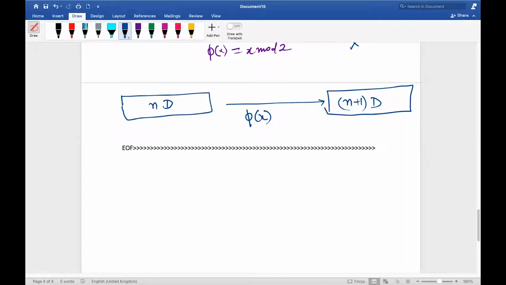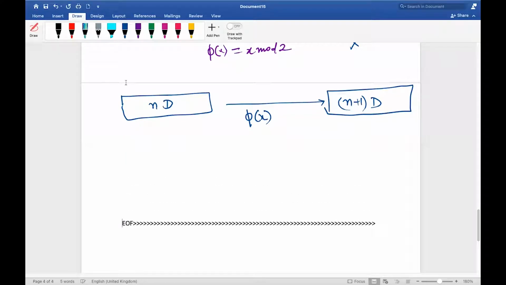So there are multiple kernels, right? Let's say there is the RBF, radial basis function kernel, or there is the polynomial kernel, right? Polynomial is what?